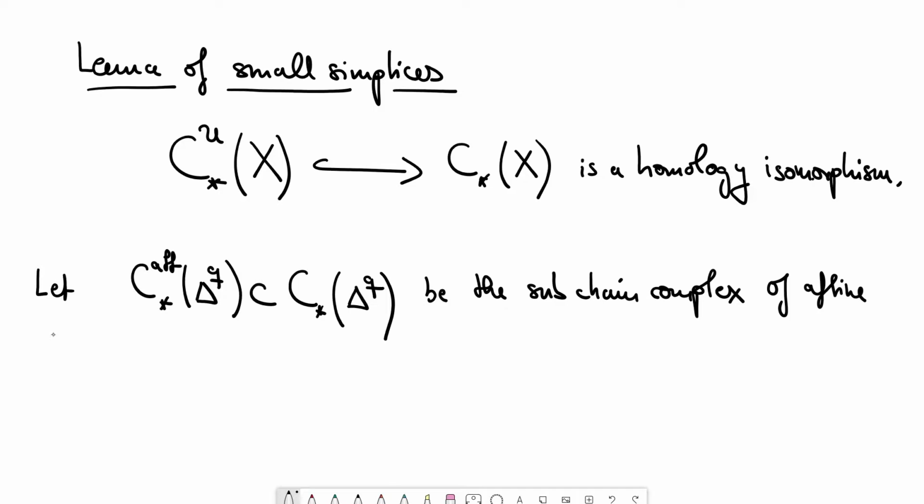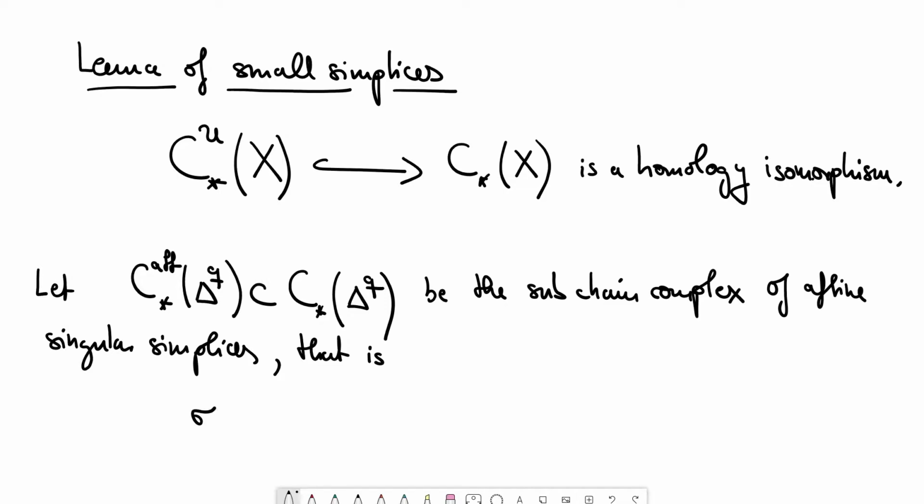I will explain what I mean by that. So what is that? Well, these are singular simplices, so maps from, say, delta P to delta Q that are affine linear.